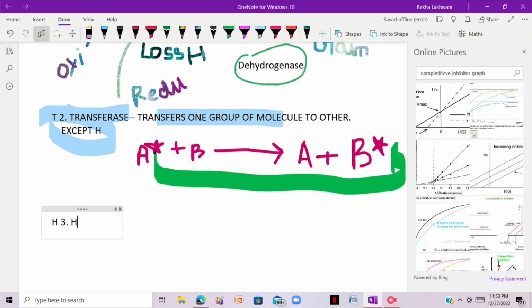For example, this is a product with a bond A, bond B, and we have put H bond OH with it.